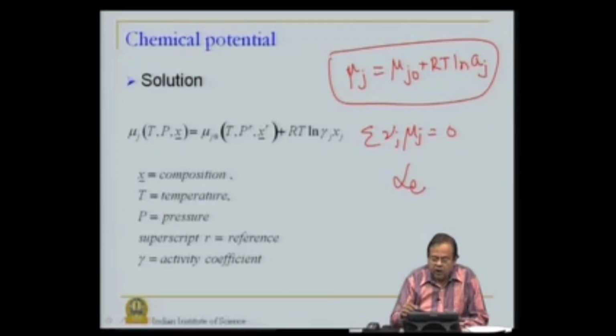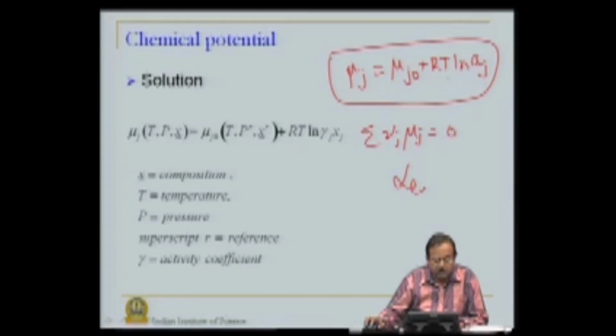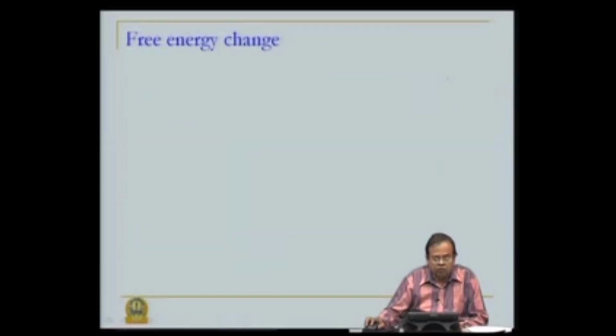So, we have the equilibrium condition, we have a model for chemical potential, yet it is not apparent that alpha_E, or for that matter alpha, is appearing anywhere in the picture. So, let us try to bring that in now and complete this discussion to get alpha_E.